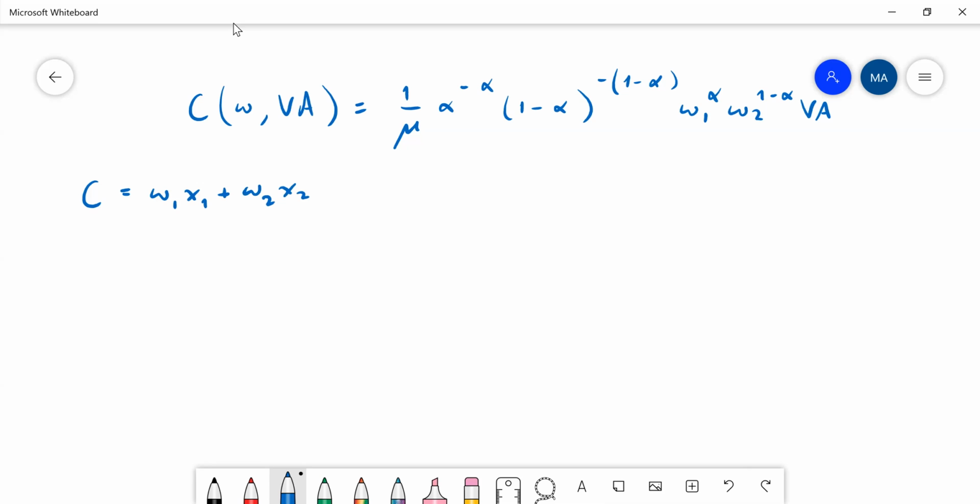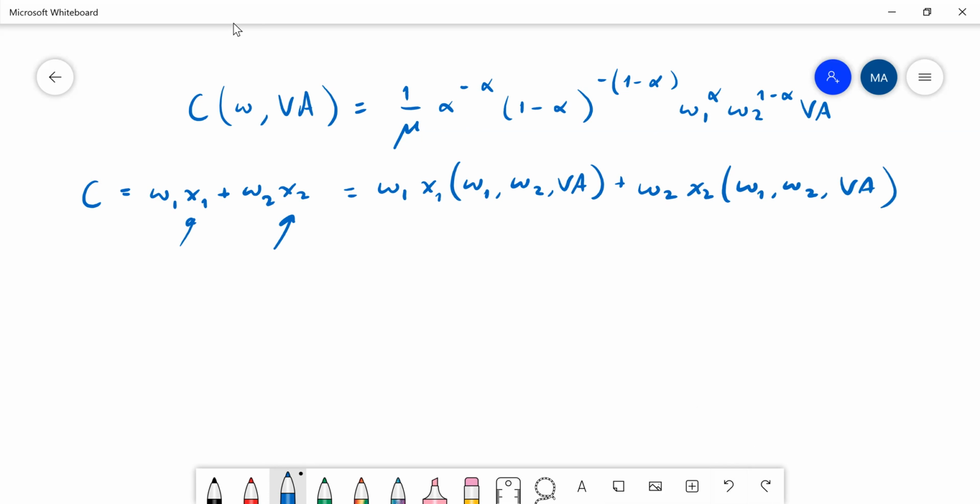If you put these optimal values in, of course, they depend on factor prices and the value added, right? W2, X2, omega 1, omega 2, VA. So if you solve this equation, you find that.